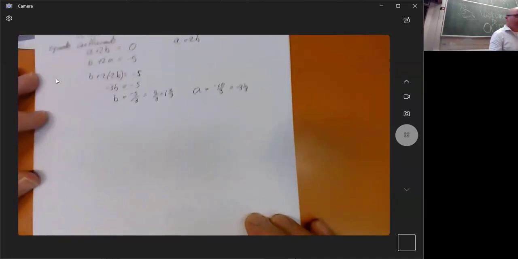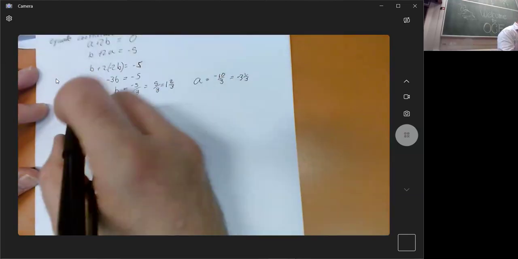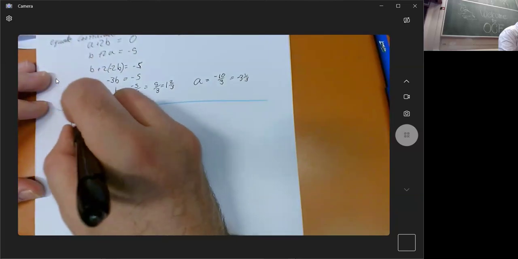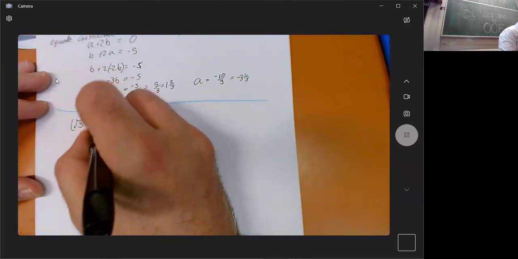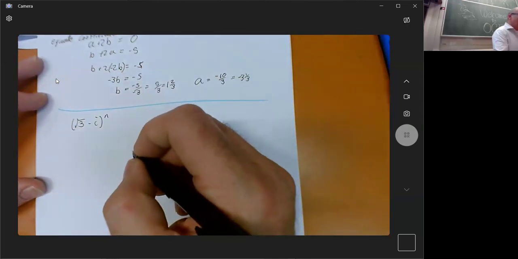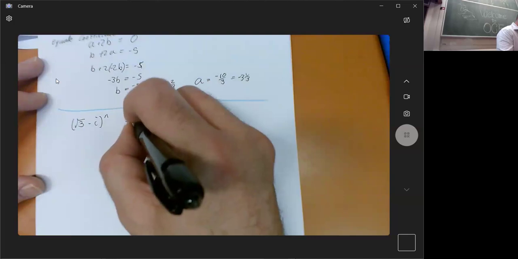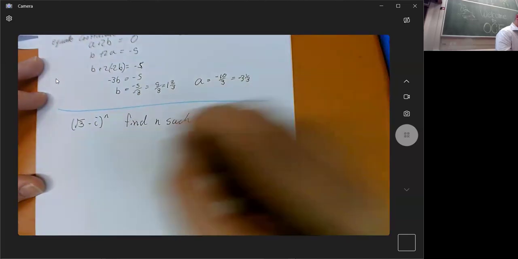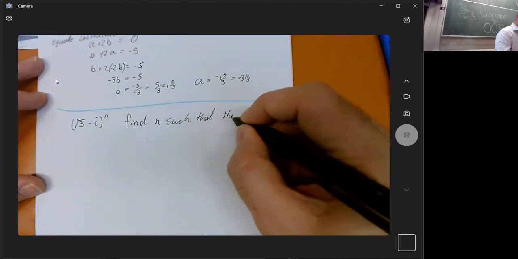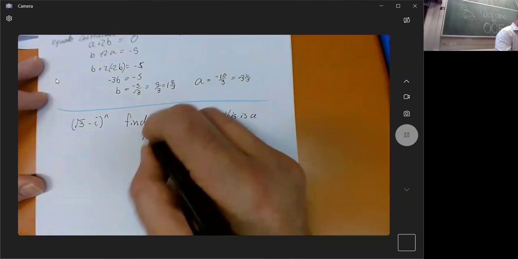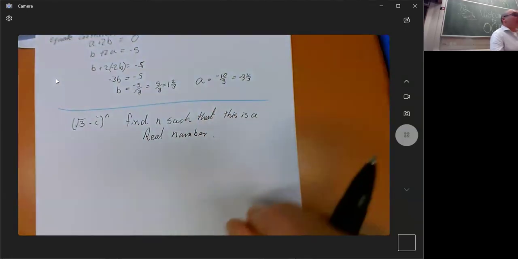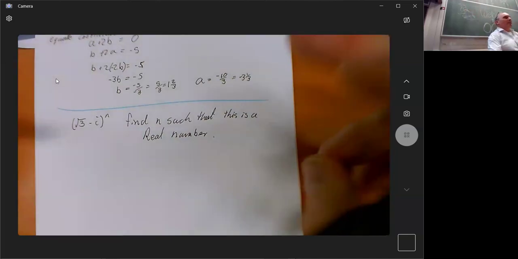So, this one has a fun question. Fun question for complex numbers. If we have (root 3 - i) to the power n, what do I have to do?